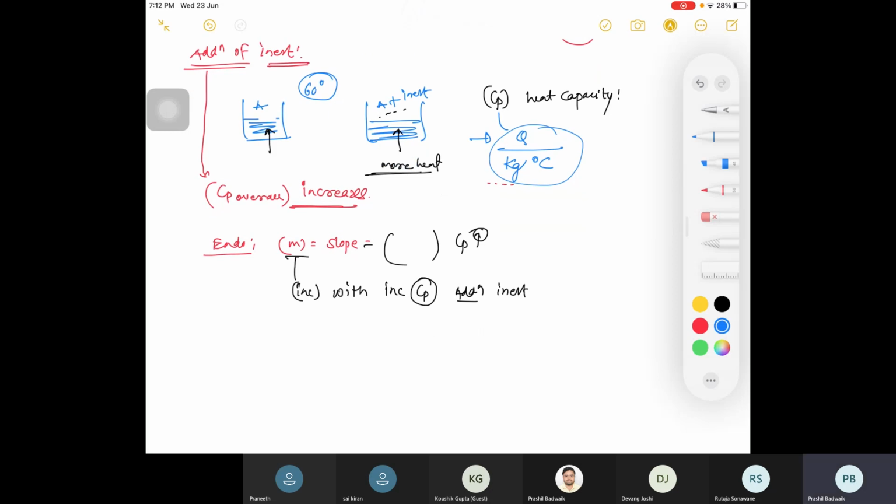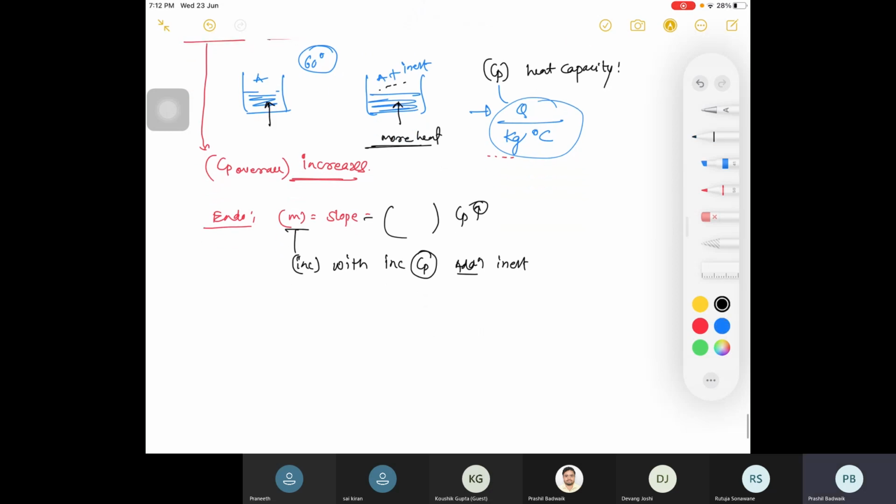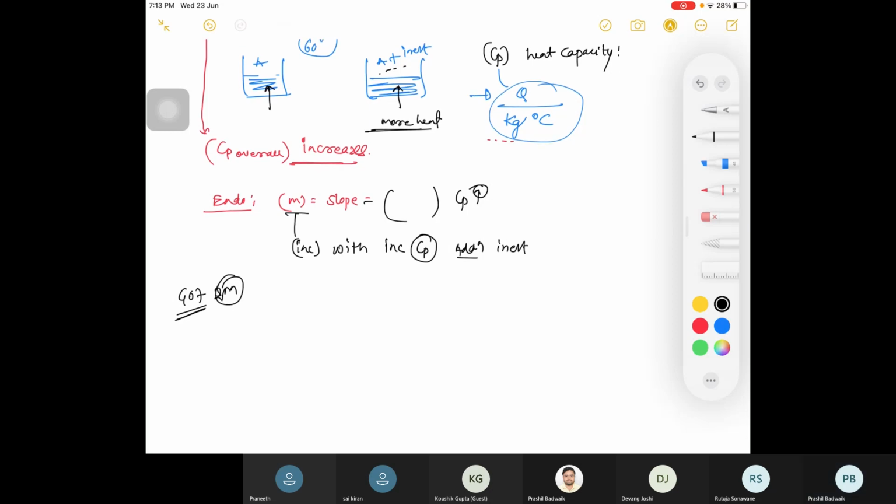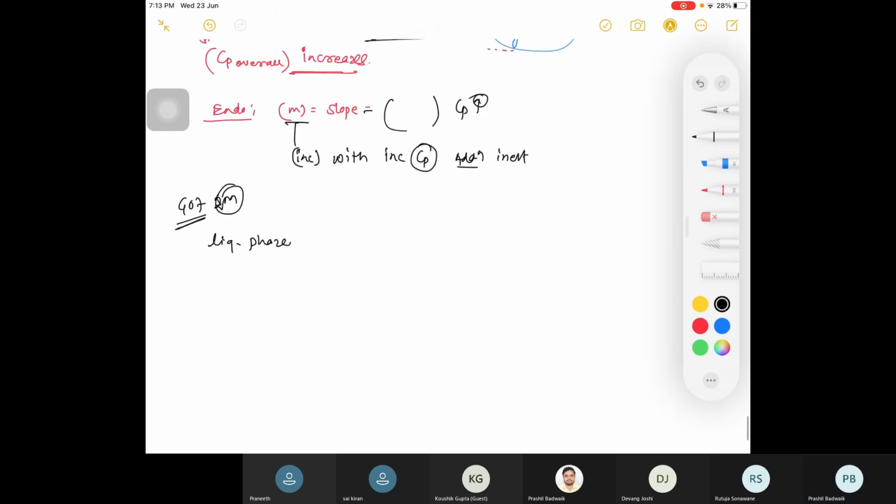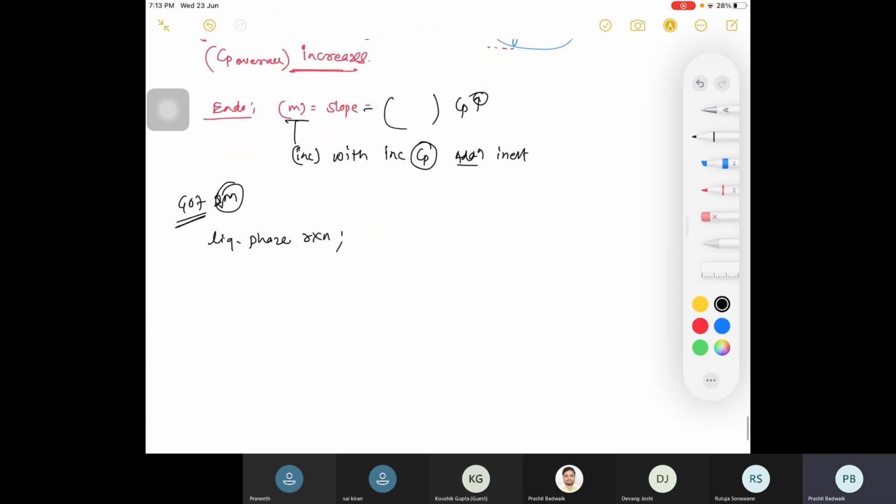Okay, one question. This will be your homework for today's class. GATE 2007, 2 marks question. Okay, we'll solve this. We have time. So liquid phase reaction carried out in batch reactor, isothermal case it is written.